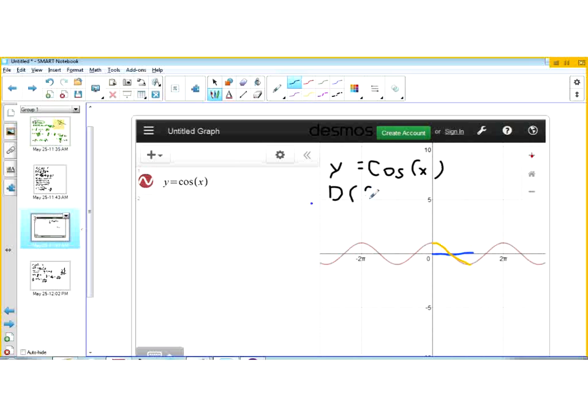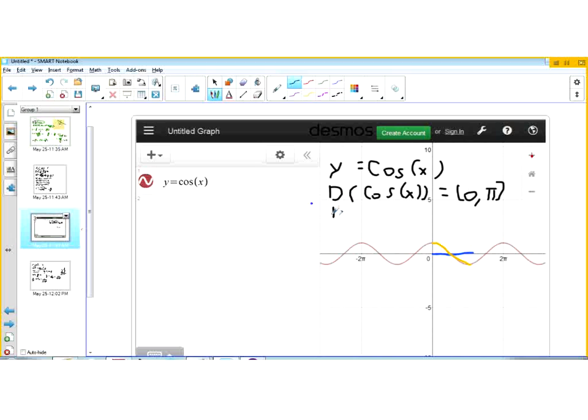Remember, principal cosine x has the one-to-one property. It's a one-to-one function, so that's what we take the inverse of when we say we're taking the inverse of a cosine function. We're actually taking the inverse of this yellow piece. Its domain goes from 0 to pi, and we'll include the endpoints.